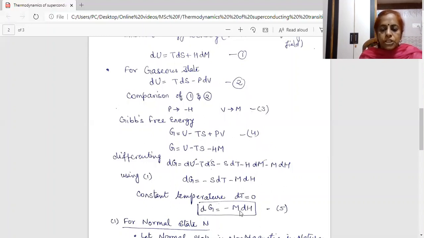This is the expression of change in Gibbs free energy, dG equals minus M dH. Now, this is the general expression of change in Gibbs free energy. First of all, I will solve this expression for the normal state and then I will solve it for the superconducting state. So let's see what change occurs in both states.